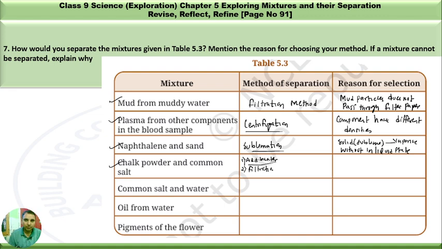By doing filtration, the chalk particles will remain as residue in the filter paper, and the common salt solution, the salty solution, will be obtained in the beaker. Then after that we will apply the evaporation method. In evaporation, the water particles get vaporized into water vapor, and the salt crystals or salt particles will remain there. So this particular method is more applicable.